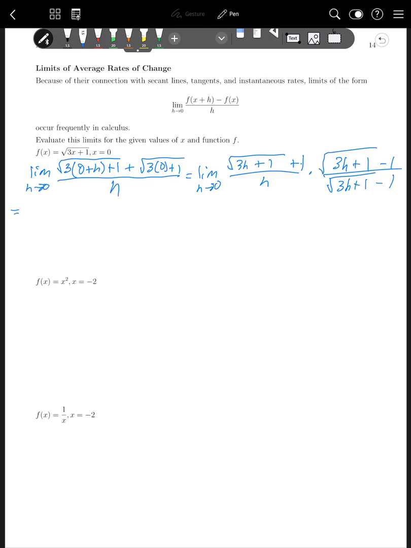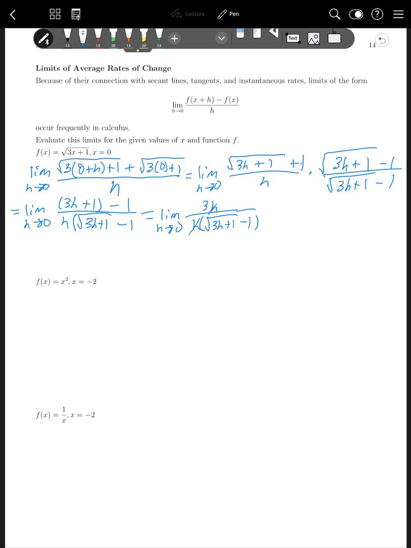Okay, so that's going to give me the limit as h approaches 0 of 3h plus 1 minus 1 over h times the square root of 3h plus 1 minus 1. Combine like terms on top and the 1's cancel. So this is the limit as h approaches 0 of 3h over h times the square root of 3h plus 1 minus 1.